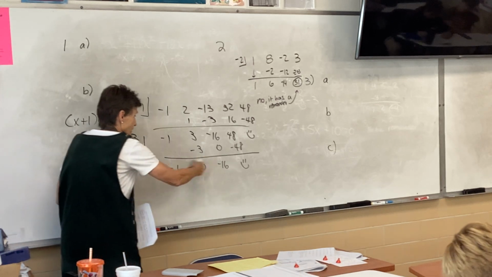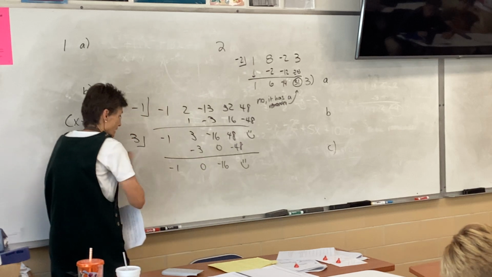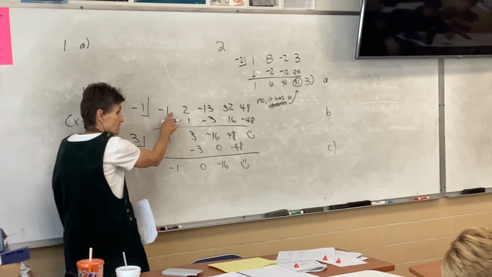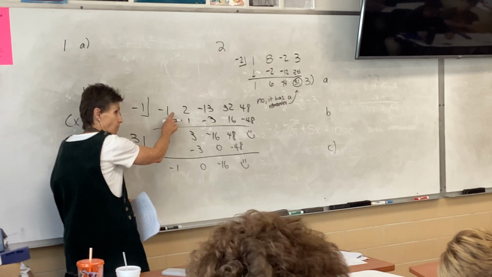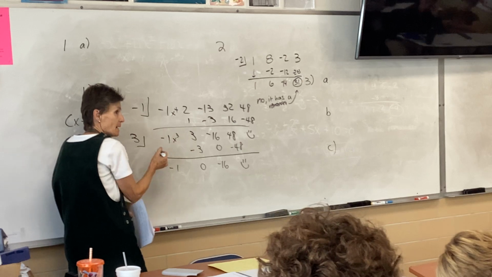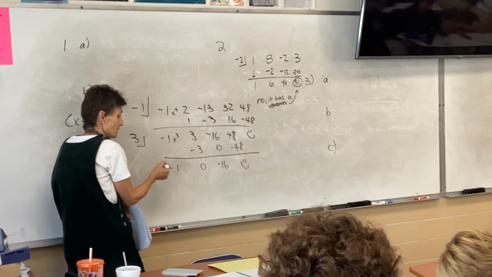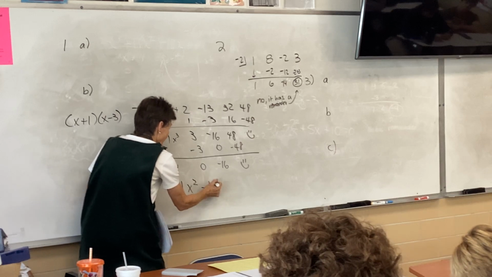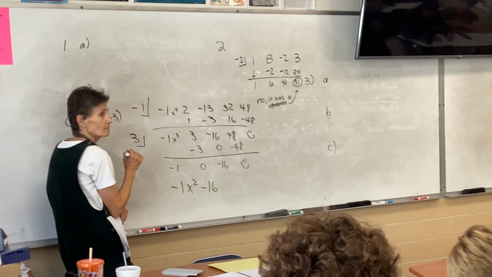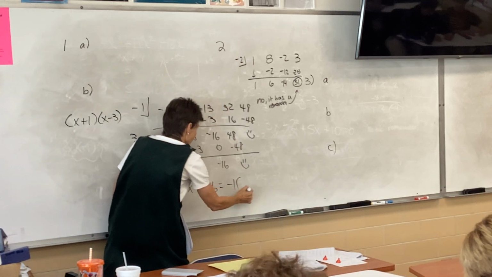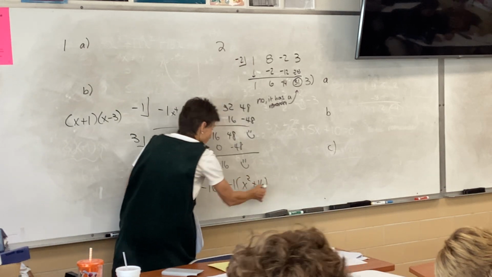Now this is what's left. What is that? What is left? This was x to the 4th. So after the first division, it became x cubed. So this is -1x squared minus 16, which is -1x squared plus 16.